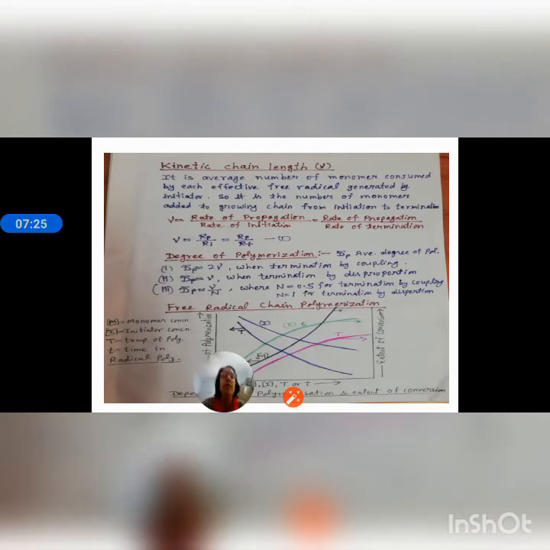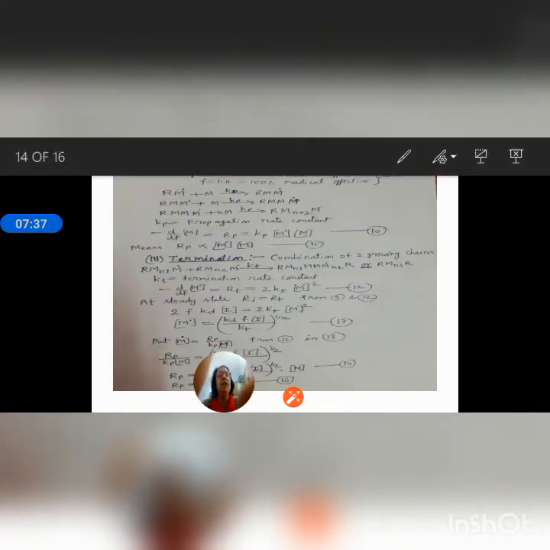Then we start the kinetic study of polymerization. First of all, we must know the chain length.